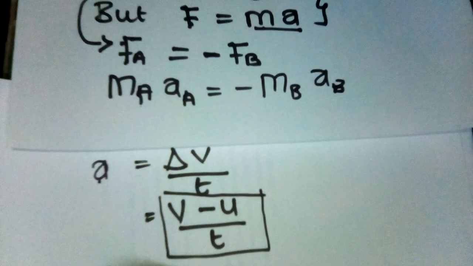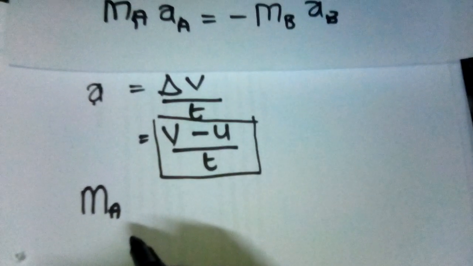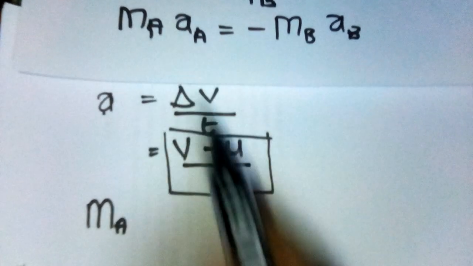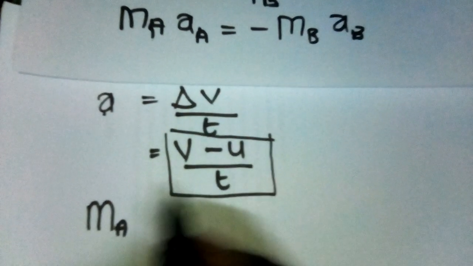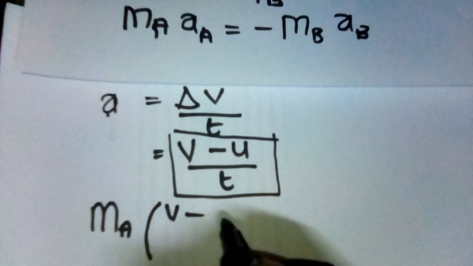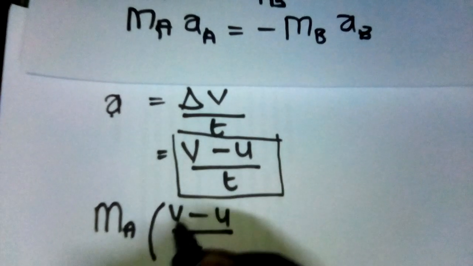So we are going to have the mass of body A times acceleration, which we are substituting with this: final velocity minus initial velocity over time.